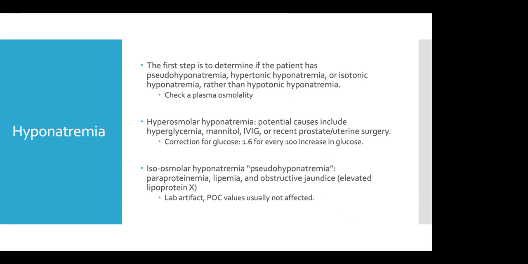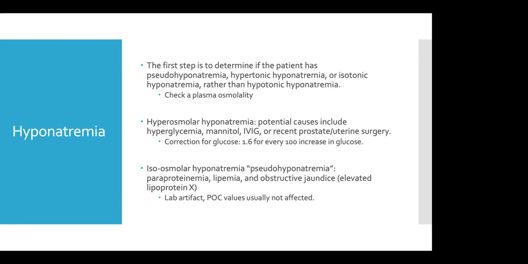And then you start with checking a plasma osmolality for that. Hyperosmolar hyponatremia causes include hyperglycemia, mannitol infusions, IVIG, as well as recent prostate and uterine surgery. And then we all know, obviously, the correction for glucose, 1.6 for every 100 over 100.